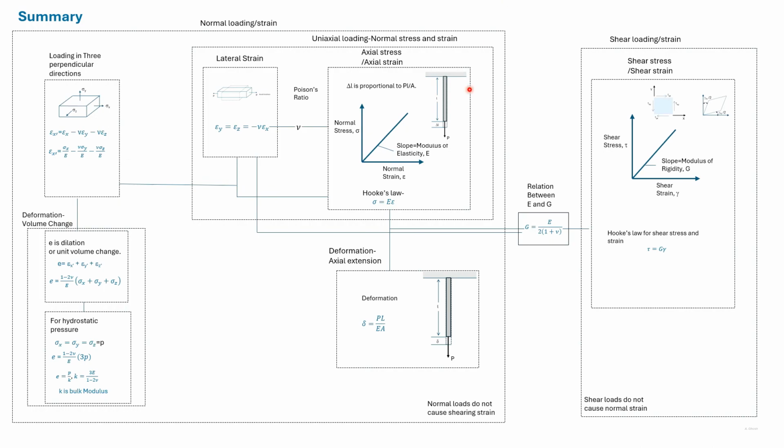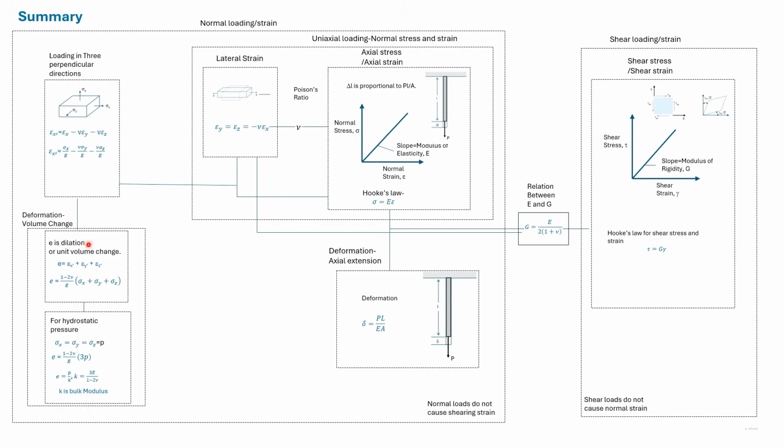After axial stress and strain, we discussed axial extension. Here we discuss volume change for loading in 3 perpendicular directions. E is the dilation or the unit volume change. We earlier found epsilon x dash.